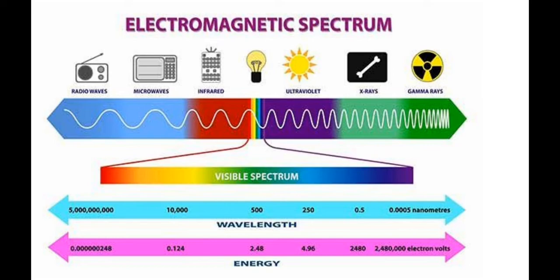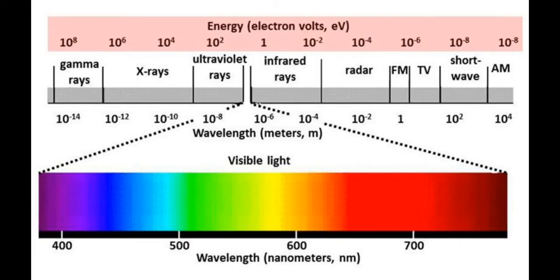Wavelengths of visible light can be from 350 nanometers, or 300 nanometers, for deep violet or purple, to dark red, which is 700 nanometers. Actually, we cannot see wavelengths more than 700 nanometers, pardon.